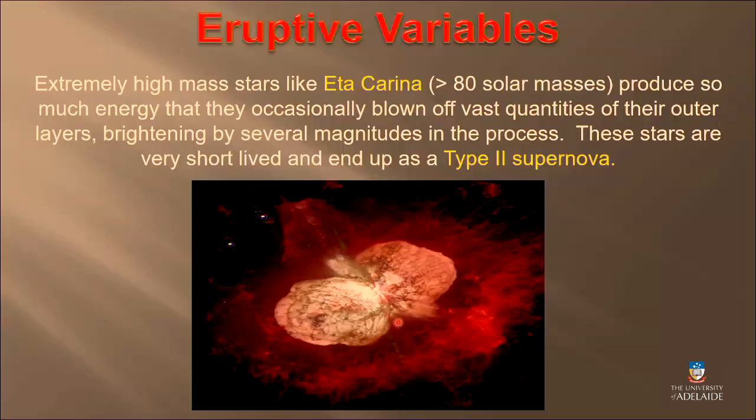Currently it's about magnitude 6, which means it's just on the verge of naked eye visibility. The star itself really hasn't changed brightness that much, but because it's buried in this gas and dust that it blew off, it's obscuring a lot of the light coming off the star. So these stars are very short-lived, and will end up as a type 2 supernova in the not too distant future, cosmologically speaking.